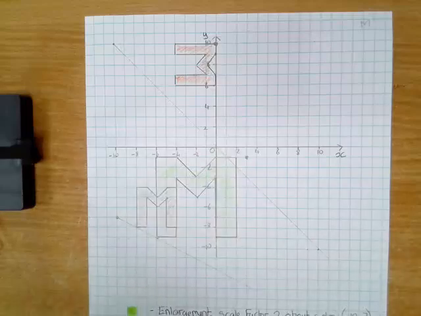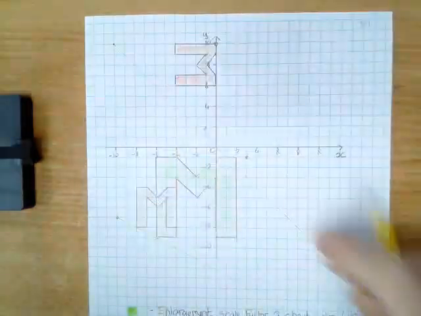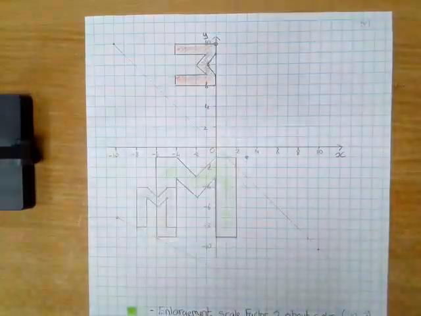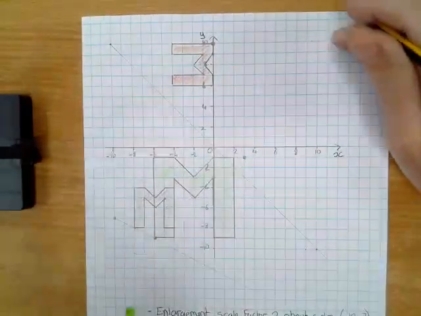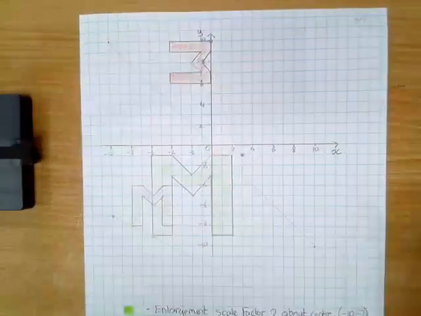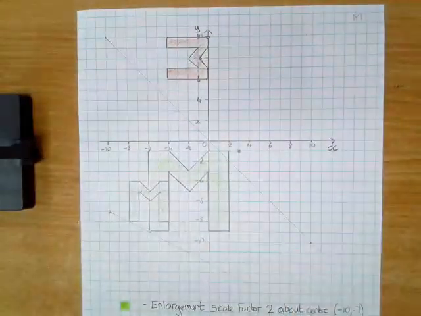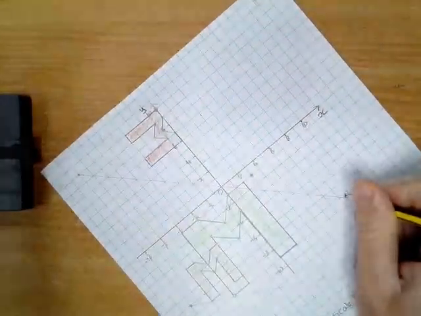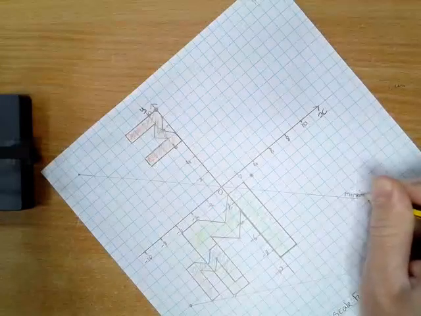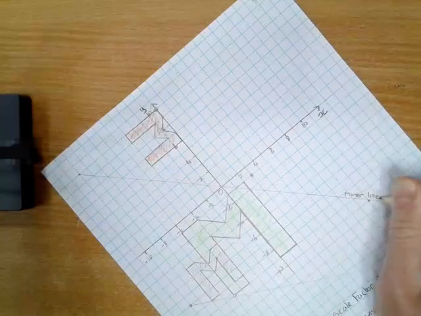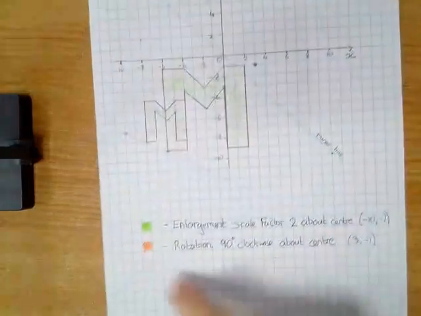Okay, because I might need to give you a little bit of help of what we'd actually call this line in maths, or if it went that way, what we'd call it, or if it went down or across. So I'll give you a little bit of help with that in a minute. If you don't know what it's called, let's just give it a name that you can use instead when you're writing your description down here.